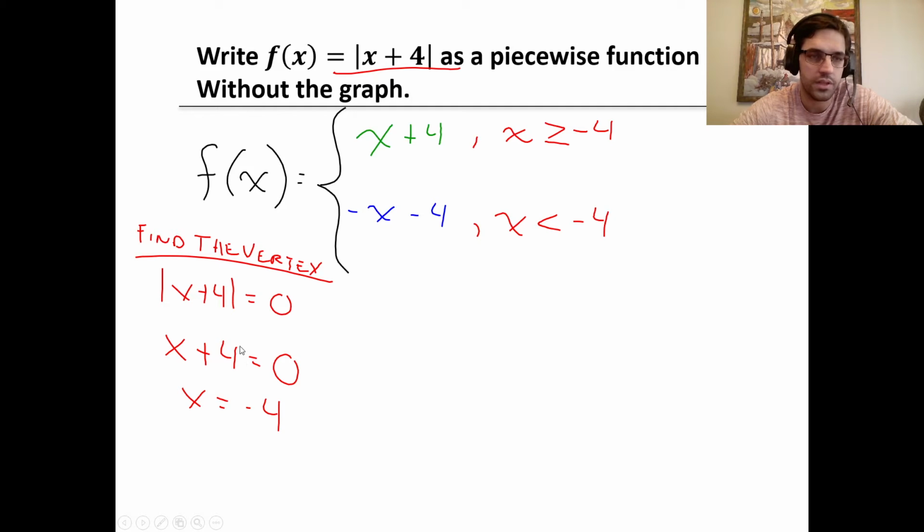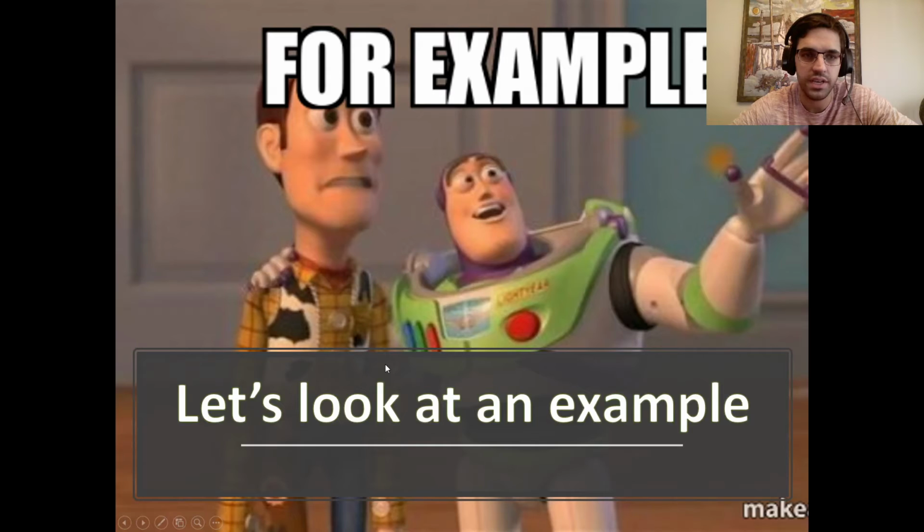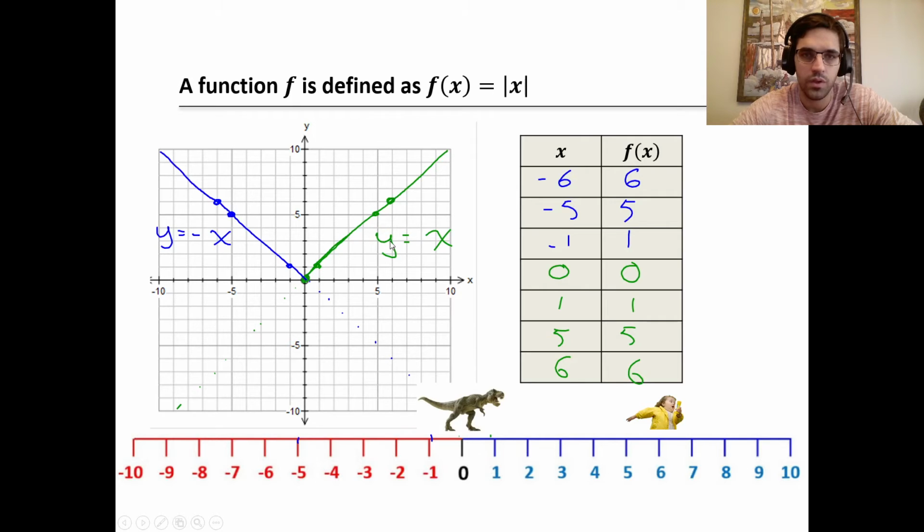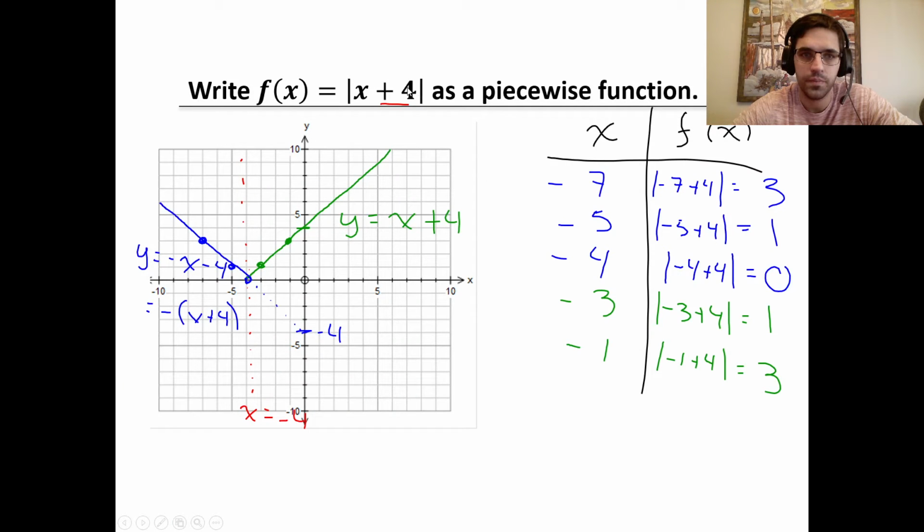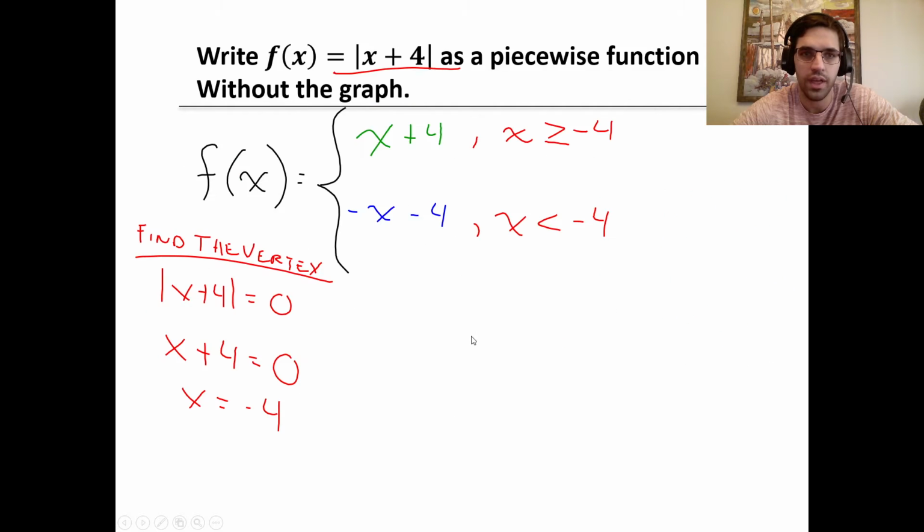And so we can think about this as the parent function, the vertex is at 0. So for adding 4, then we're translating our x value a little bit, and we'll get more into that in the next lesson. So anyways, we can use this little trick right here to find the x value of our vertex, which cuts through the center of our V.